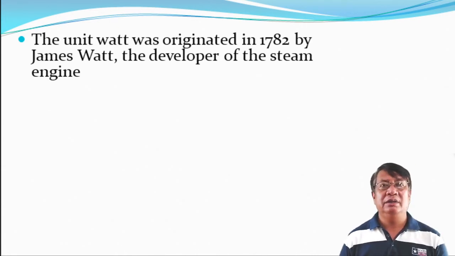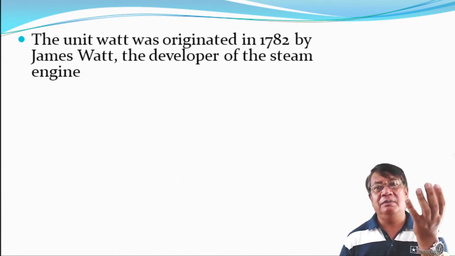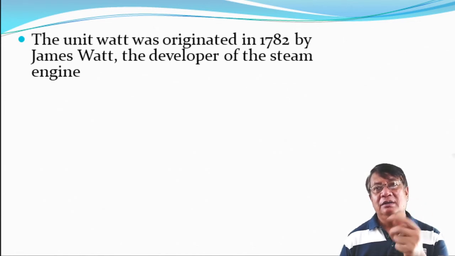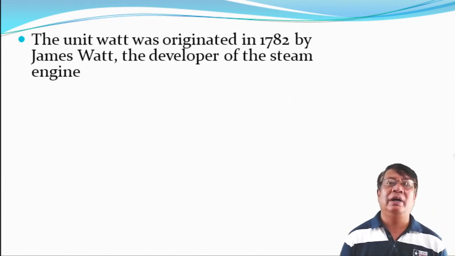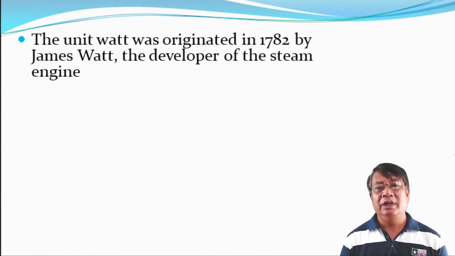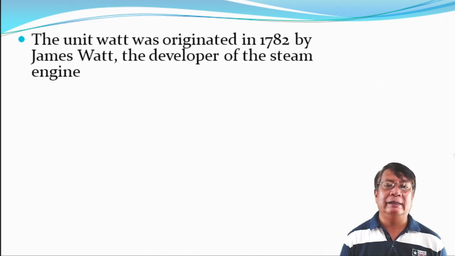He was basically using the horses, and he converted the power of these horses into what we call a steam engine that will pump the water from the water well going upward. So he was the one who developed that steam engine, no?